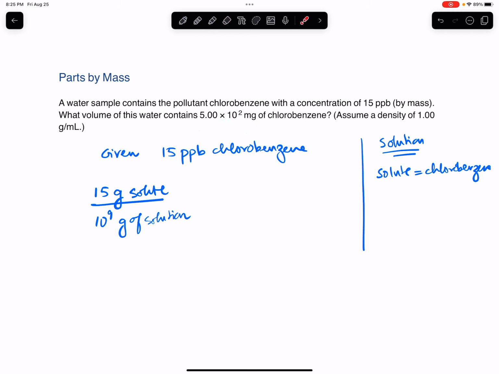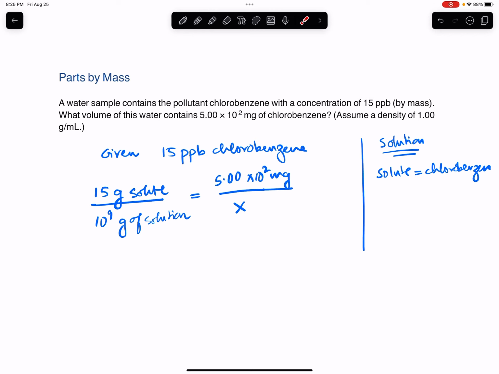So we're saying that if we take a much smaller amount of the solute, how much solution is there? You can set it up as an equality where the amount of solution which you're trying to calculate is x. We put that at the bottom, and the amount of solute is already given out here. If we reduce the quantity to this amount, then that should be the amount of solution, which is x. So we're going to solve for x.